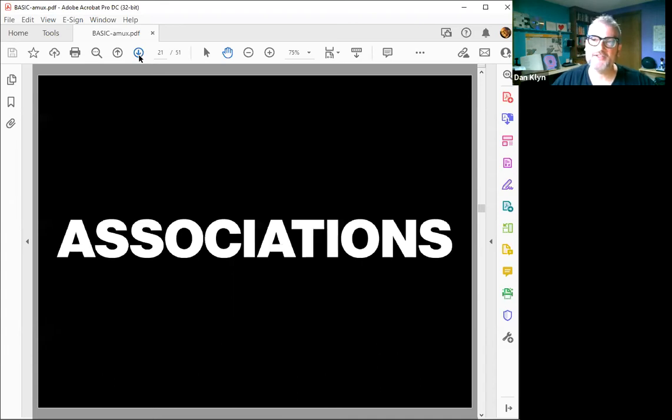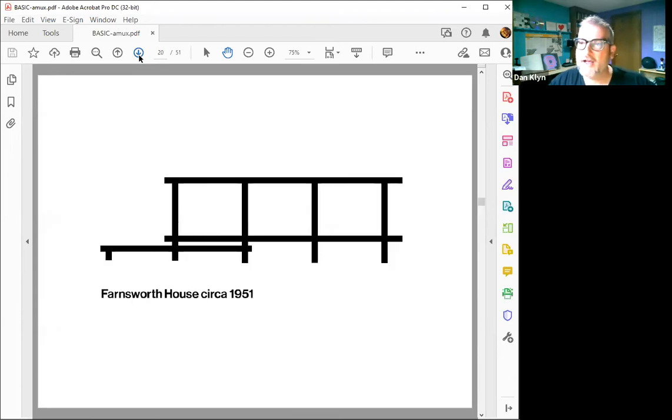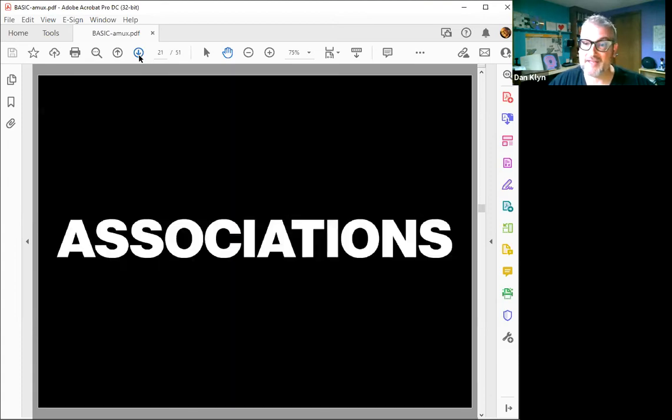The next element is association, meanings ascribed to shape and material. And before we leave the Farnsworth House, four pillars. As the silhouette of this thing, I do not think that it is accidental. I've not read this, but I just think that this is true, having been to both of them.